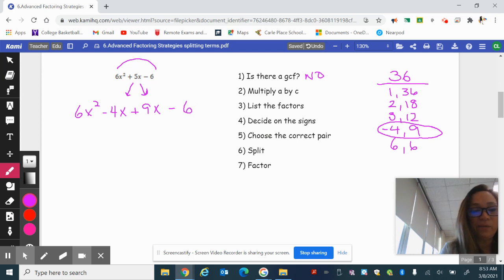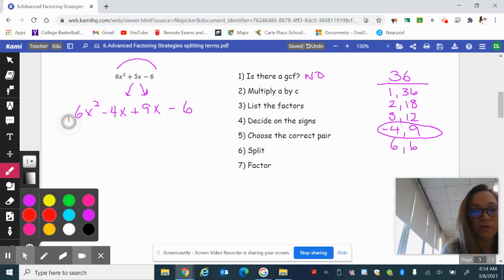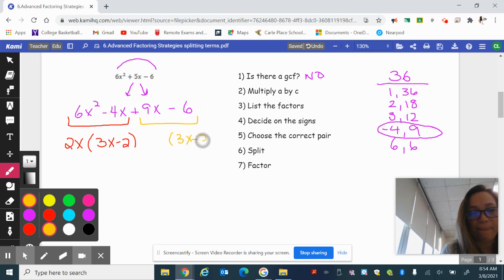Okay, now I'm going to factor, and you start by looking only at the first 2, and you find the GCF of the first 2, and that would be 2x. And that gives me 3x subtract 2. Now, the key here is that 3x subtract 2 is going to be used again. All right.